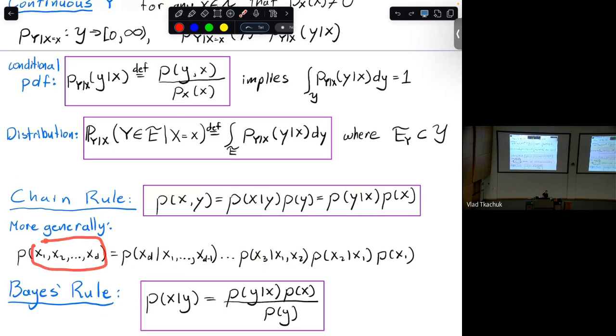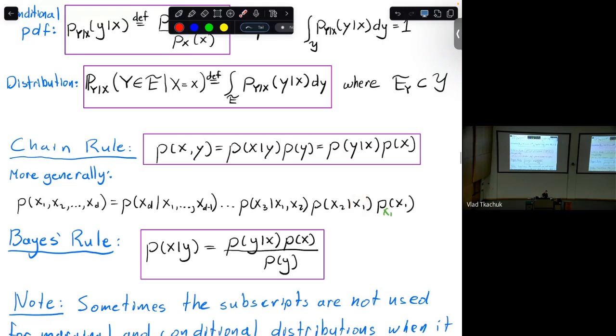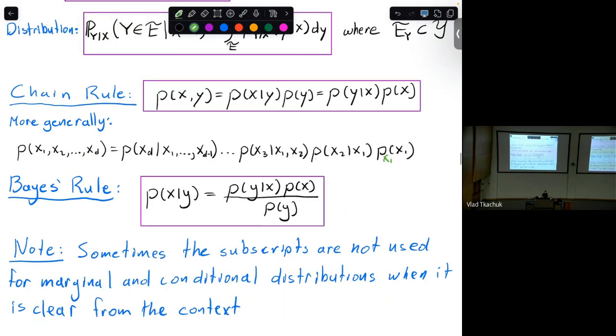If you have many random variables, you can chain them all together in this way. Read this as: the probability of getting x1 and x2 up to xd as exactly these outcomes is the same as the probability that I got x1, which is of course the marginal of x1, times the probability that, conditioned on x1, I got x2, which is the conditional of x2 given x1.